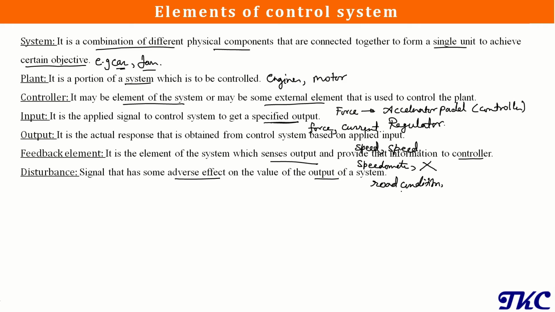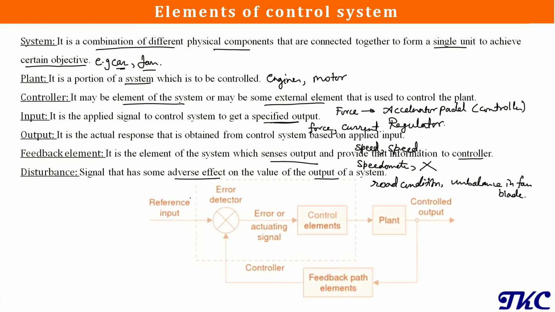If the road is not uniform, if it is uneven, that will deviate the output of the car. So road condition we can consider as the disturbance to the system. Similarly, for the fan, if we have some unbalance in the fan blade, that will act as disturbance.